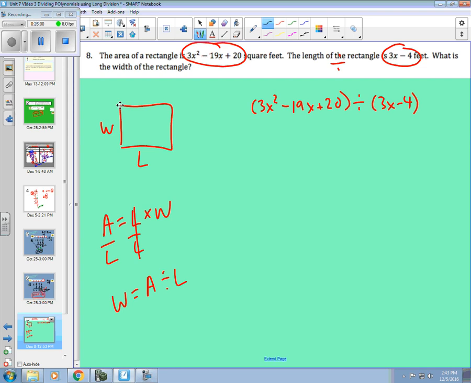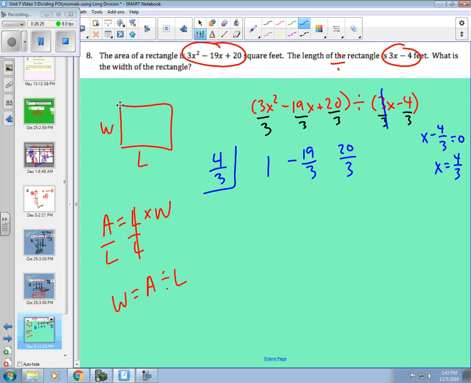Since we have a 3 here, we want to divide all these by 3. Okay, so our coefficients are going to be 1, negative 19 thirds, and 20 thirds. If we solve this out, x minus 4 thirds means our multiplier is going to be positive 4 thirds.